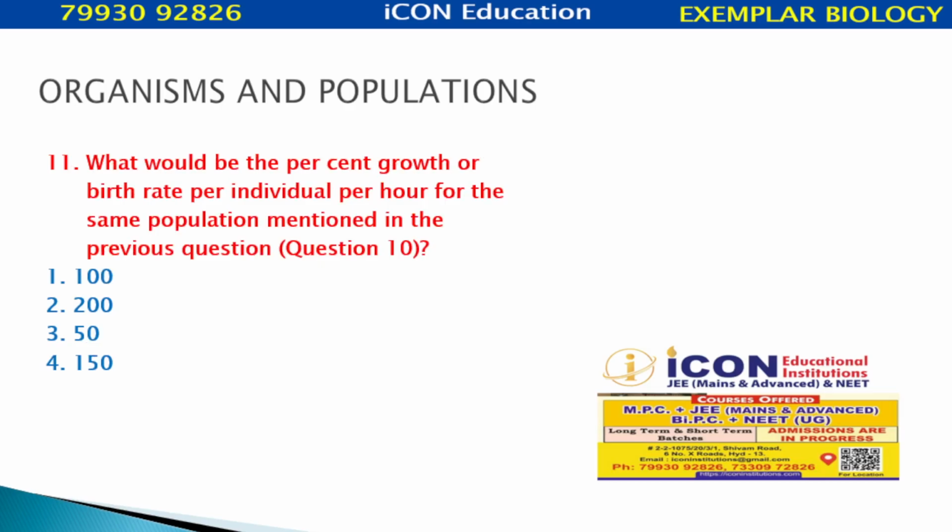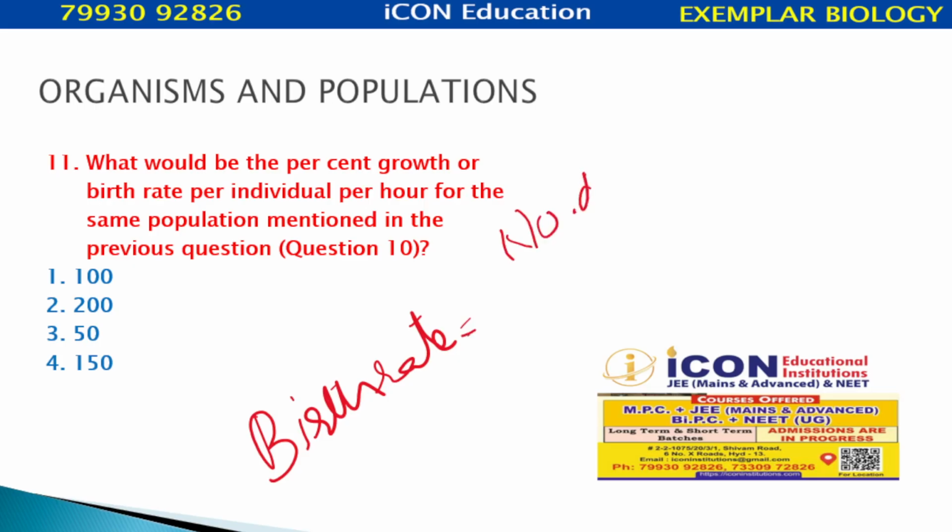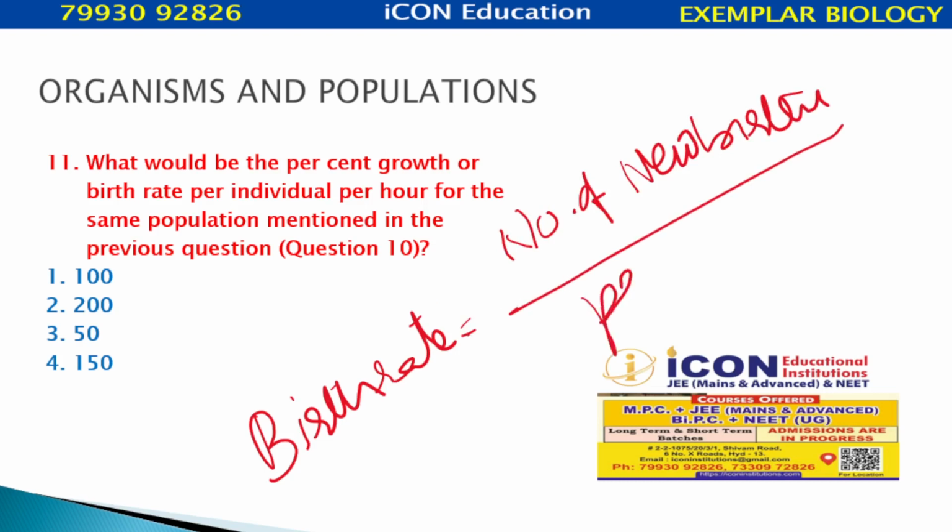What would be the percent growth or birth rate per individual per hour for the same population mentioned in the previous question, the 10th question? So, it is asking about birth rate. What is birth rate? The principle for birth rate is the number of new births divided by the previous population.